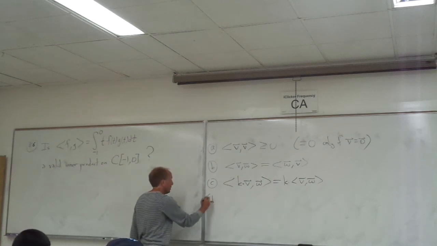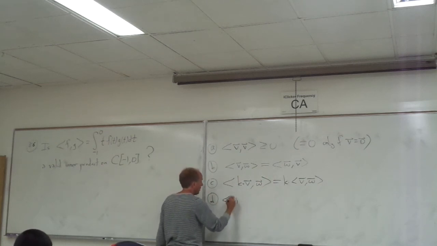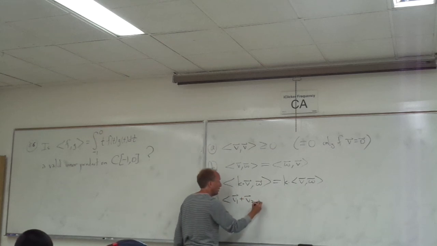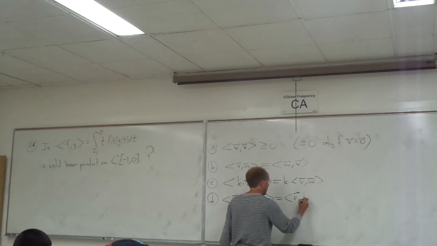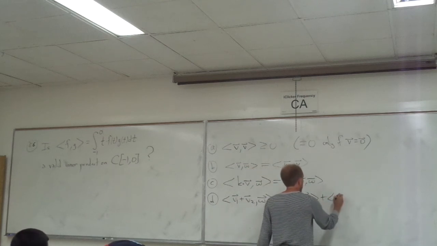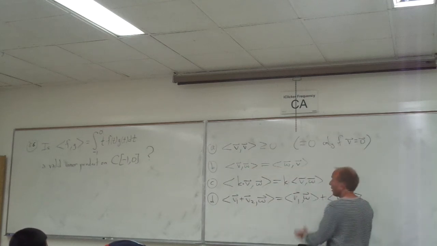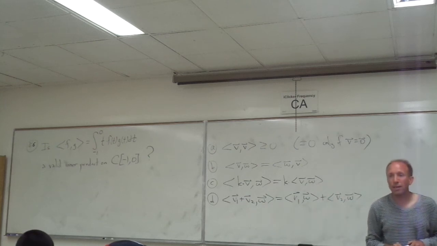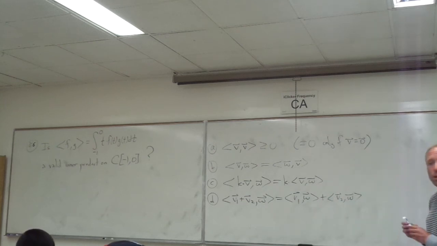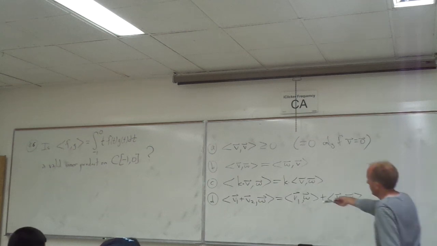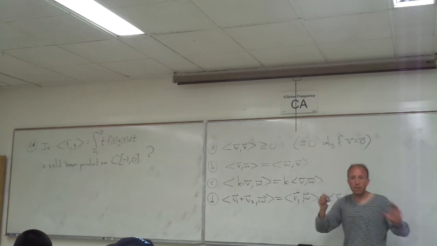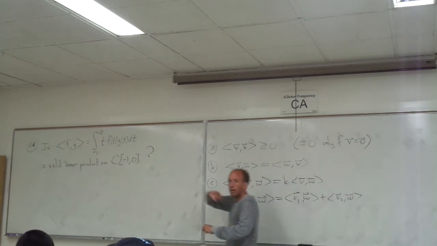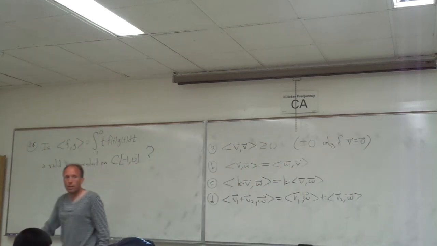And then the last one is if I have v1 plus v2, inner product with w, that's the inner product of v1 with w, plus the inner product of v2 with w. We were using all of these on that previous problem that we just did. When we foiled that out, we were basically using parts C and D, and we even used part B because in some cases the vectors were in the opposite order to how they were given.